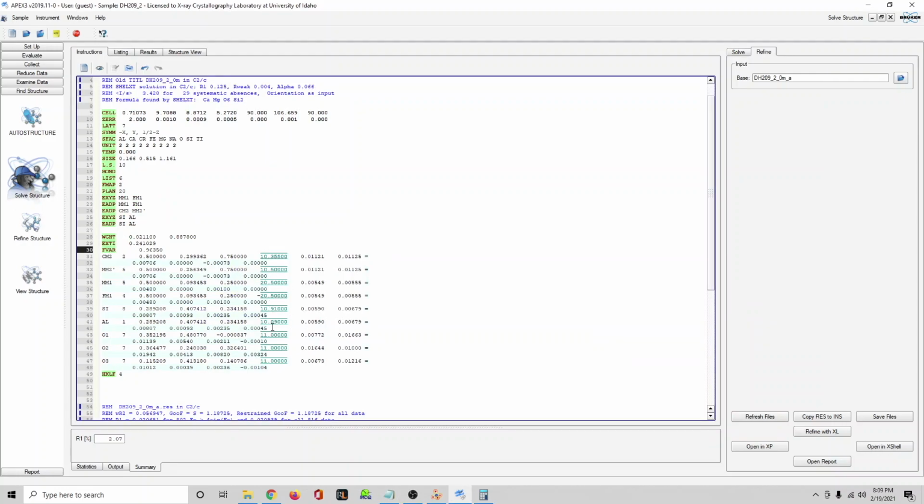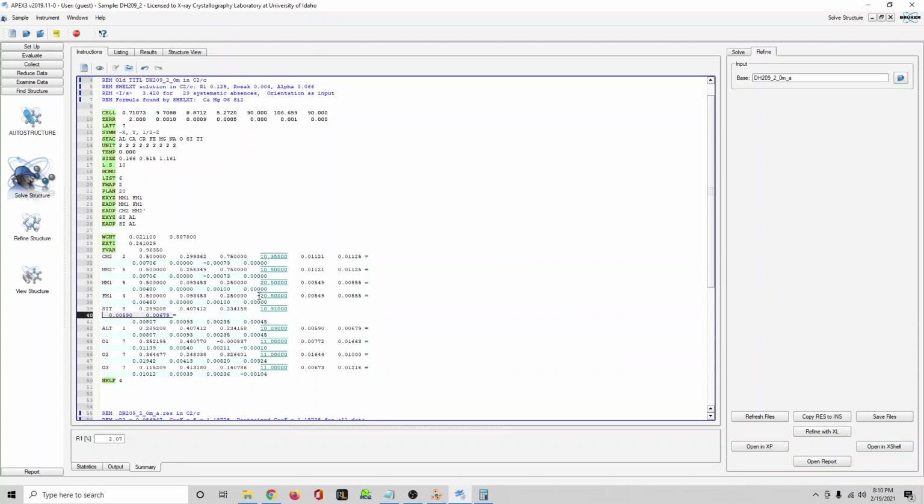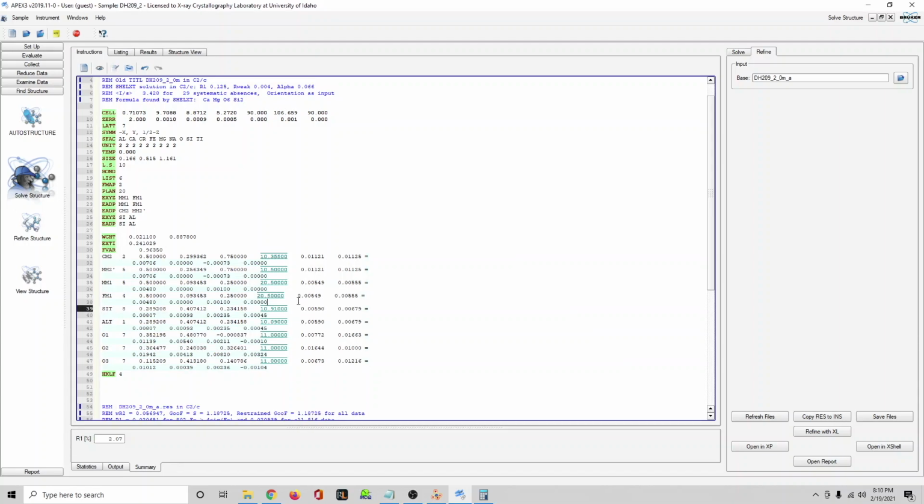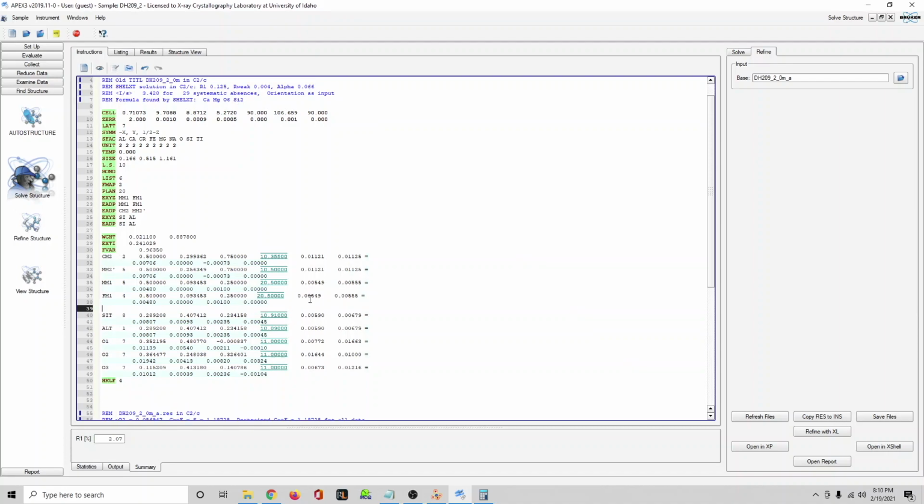So we would have to split, and I'd actually have to start naming these different things. So it's getting a little complicated. AlT for tetrahedral. And we don't need minus signs anymore because we're forcing them to be in the site and calculating out their proper ratios. Al, should I say octahedral? No, let's say 1.